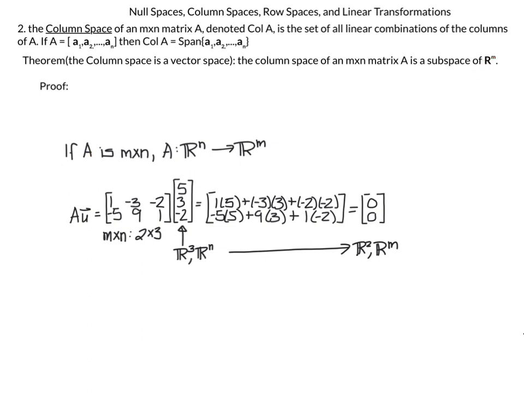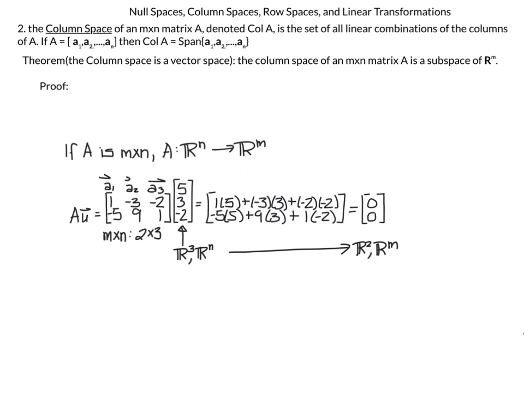So let's look at this again. If A is M by N, then A maps from Rn to Rm, and we had this example here last time. But now the column space is the linear combinations of these vectors. I'm just going to label them A1, A2, and A3.